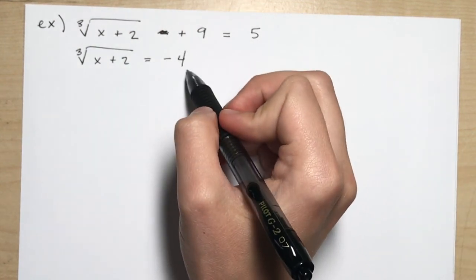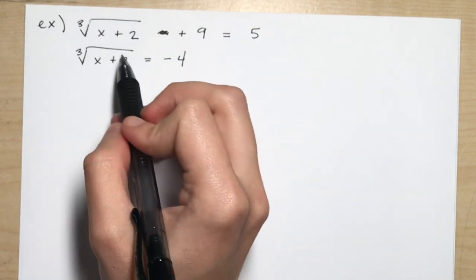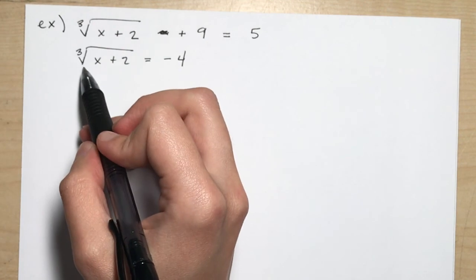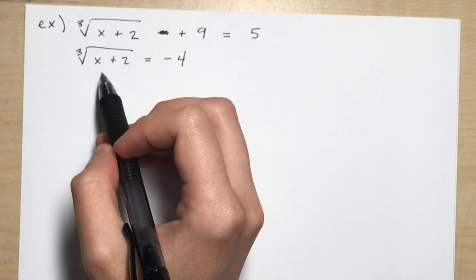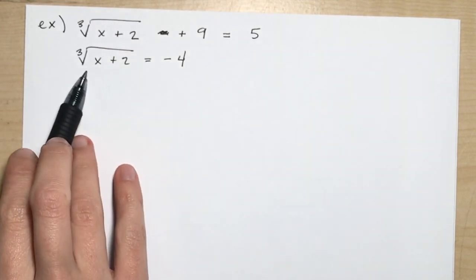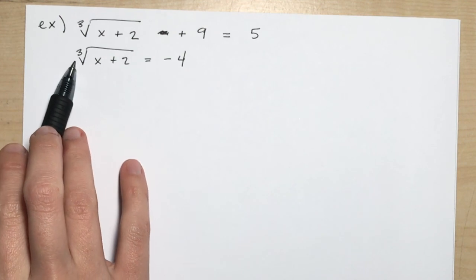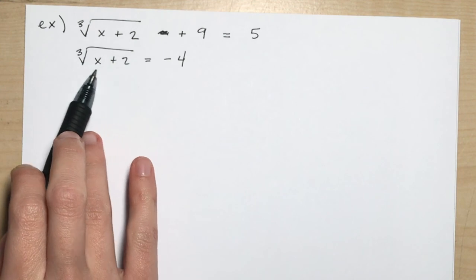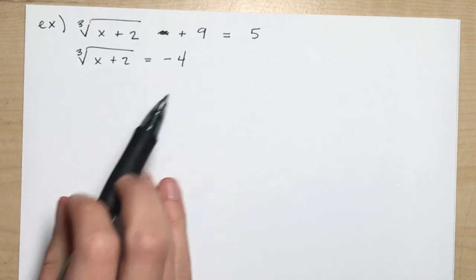Is it a problem that I have this radical equals negative number? It's not, because what kind of radical is this? It's an odd root, right? So because this is odd, we don't have any domain restrictions. It's fine to be equal to a negative.